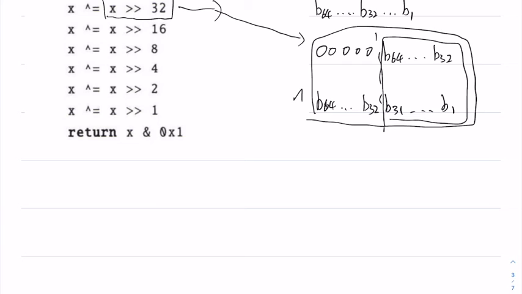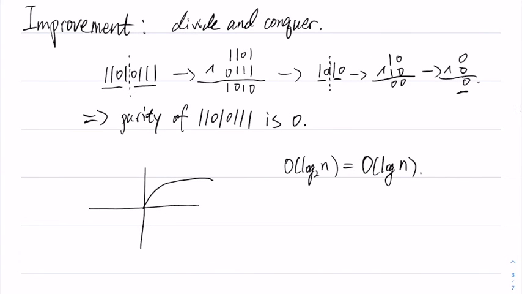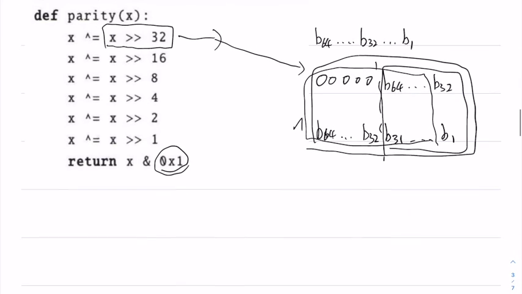But at the end, we are only extracting the last digit of x, ignoring everything in front of it on the last step, so that we get the parity according to this algorithm.